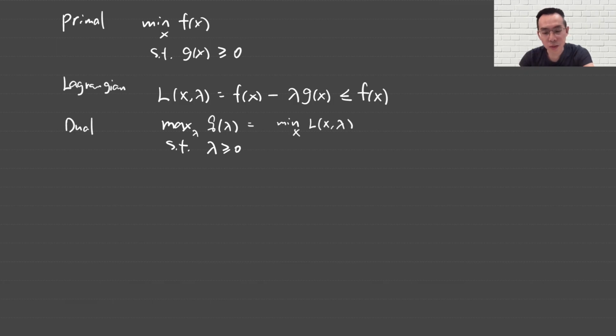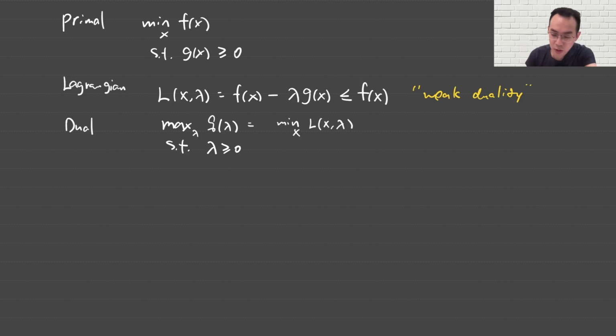We started with the primal problem of minimizing function f of x such that g of x is greater or equal to 0. Then we write down the Lagrangian by introducing this multiplier. That gives us a lower bound for the function f of x. This is also called weak duality.